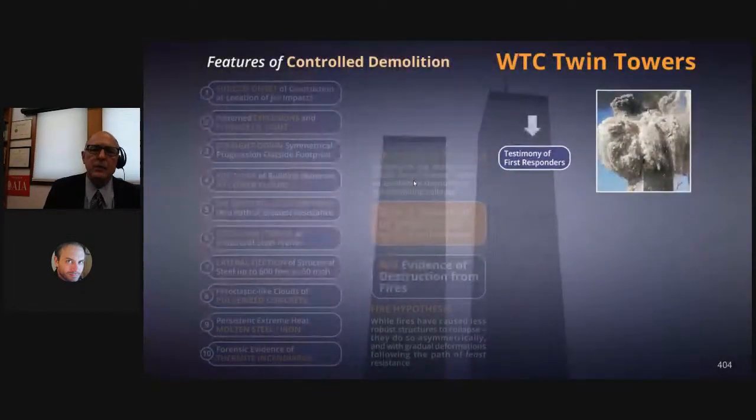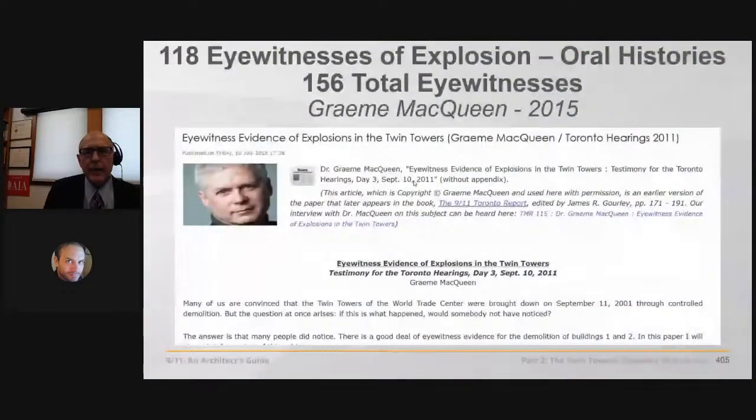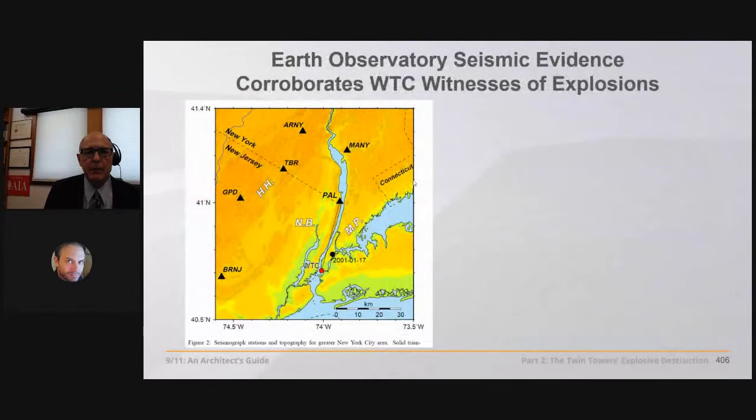With additional testimony dug up again by Graham McQueen, the 118 original witnesses now expands to 156 in his latest 2015 report. Witnesses of explosions. Well, there's another witness of explosion, which turns out to be pretty important.